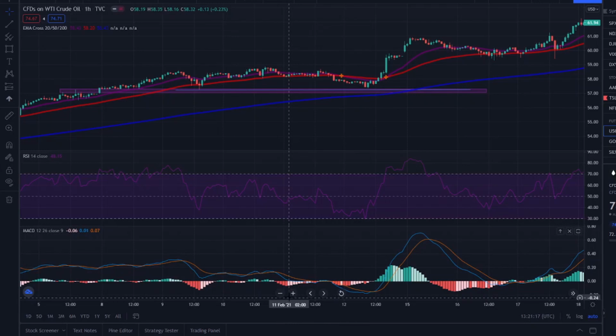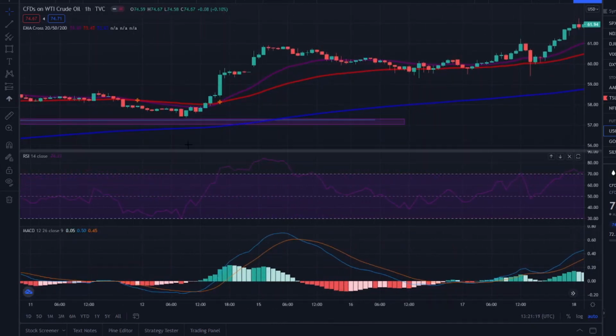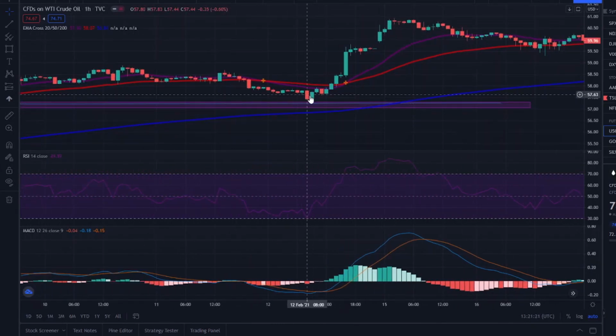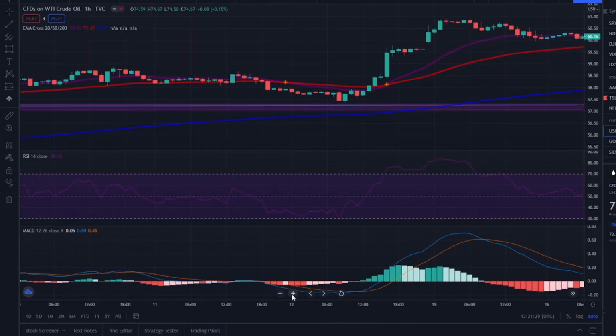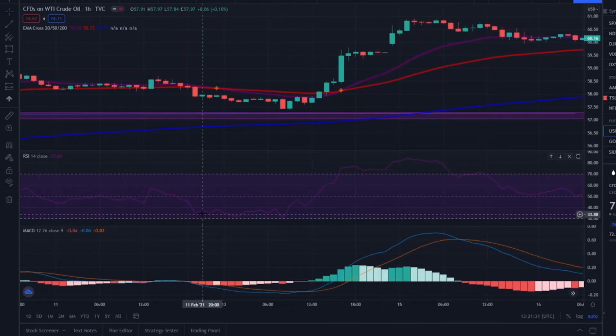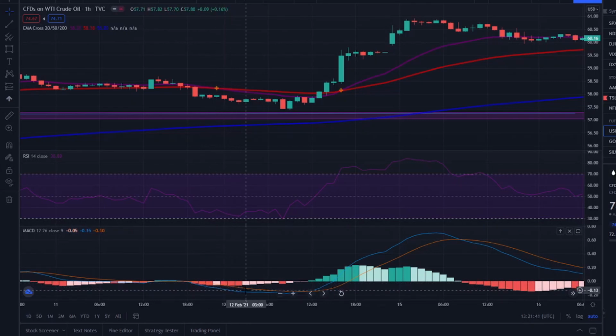Now the entry is really simple. Once you determine the downfall to the support line here, we can see that the RSI is pretty low, between, well, 40 and 30, and the MACD came under the 0 point.